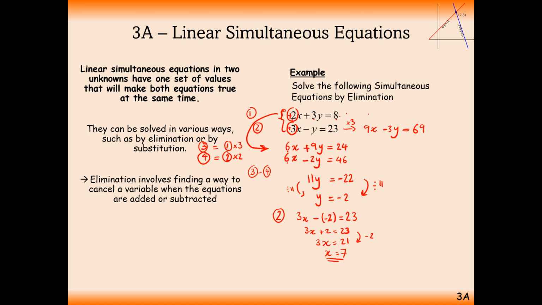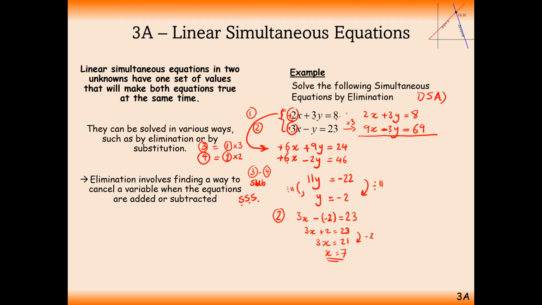Then, because I would have had the coefficient of y with different signs, in this case the numbers match but they have different signs, I add them. For the x, we have the same sign, so subtract. Here, different signs, add.